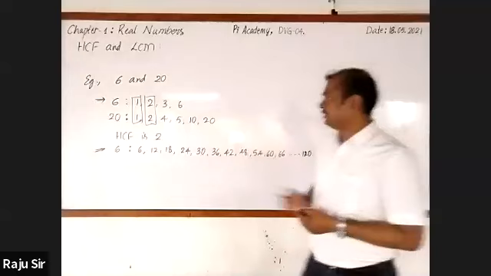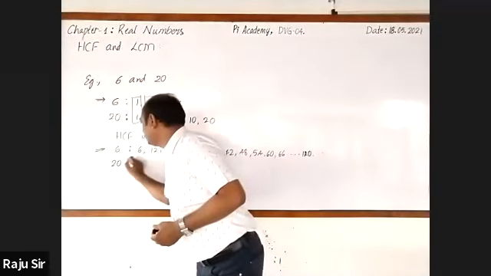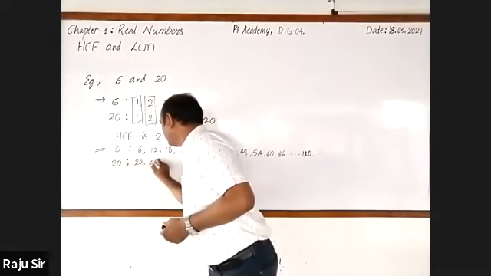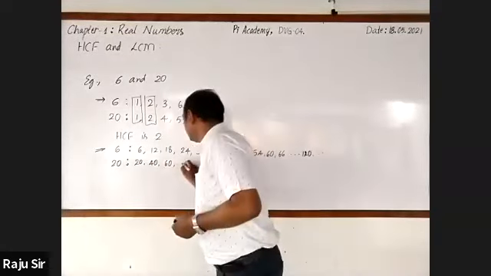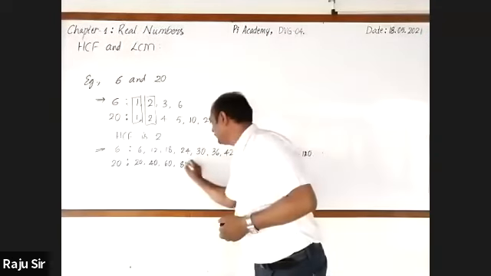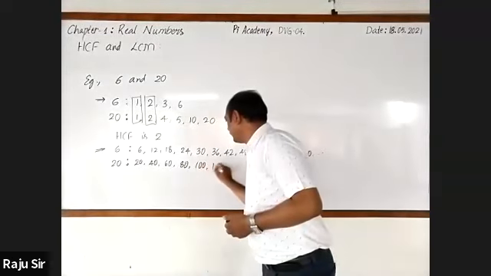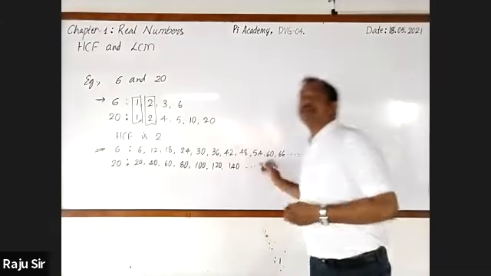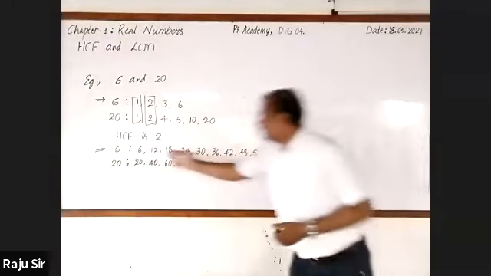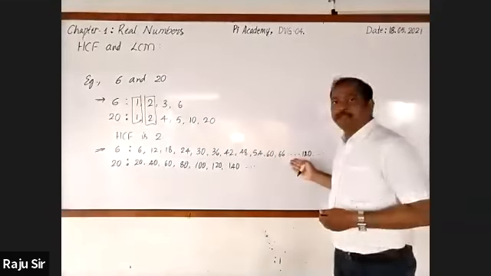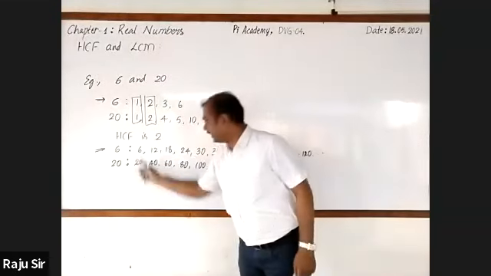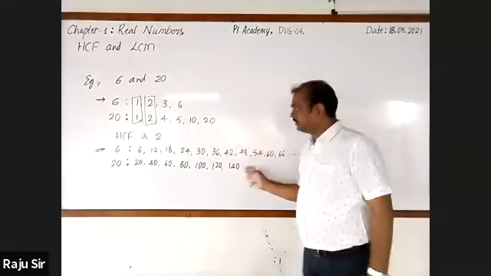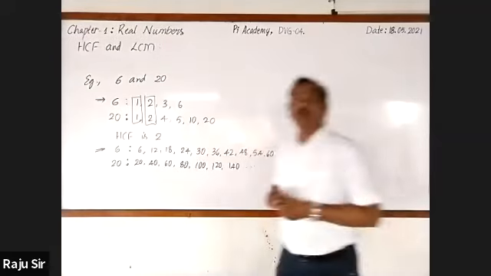Many are there. In the same way, I'll write the multiples of 20 as 20, 40, 60, 80, 100, 120, 140, and so on. These are the multiples of 6 and these are the multiples of 20.